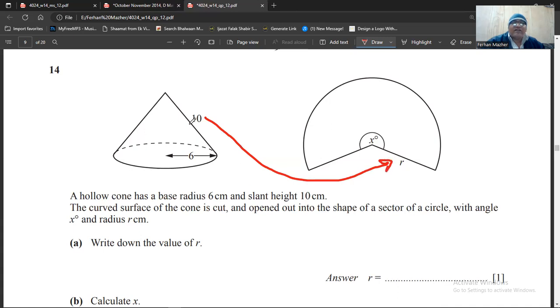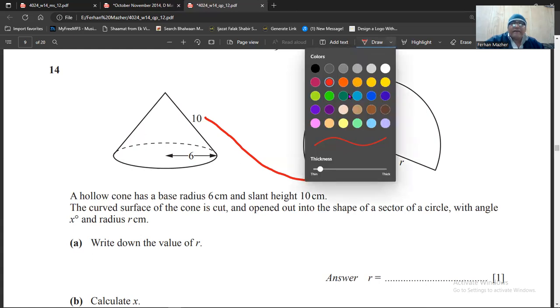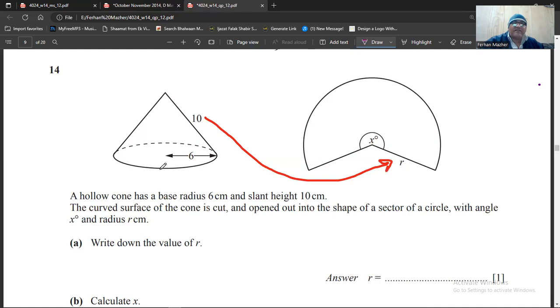When you cut it and open it, you get this shape. The circumference of the base converts into this arc, and the slant height converts into the radius.